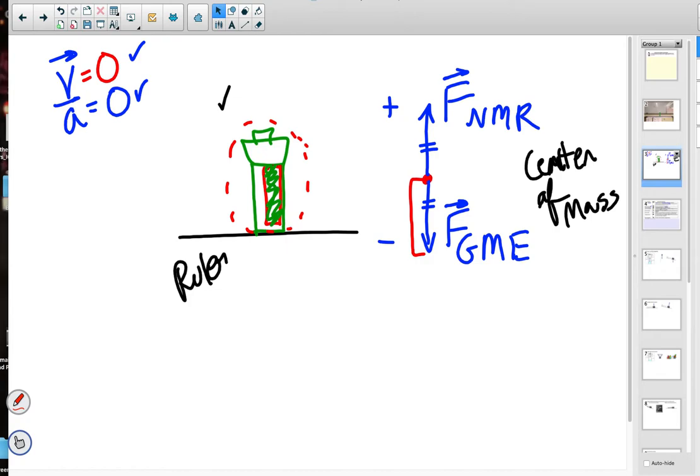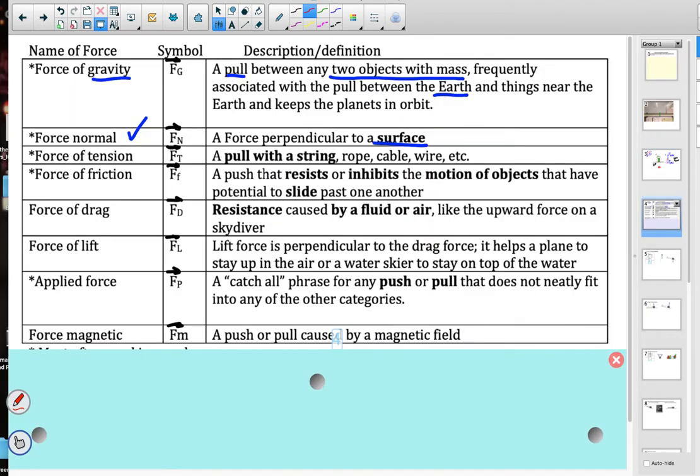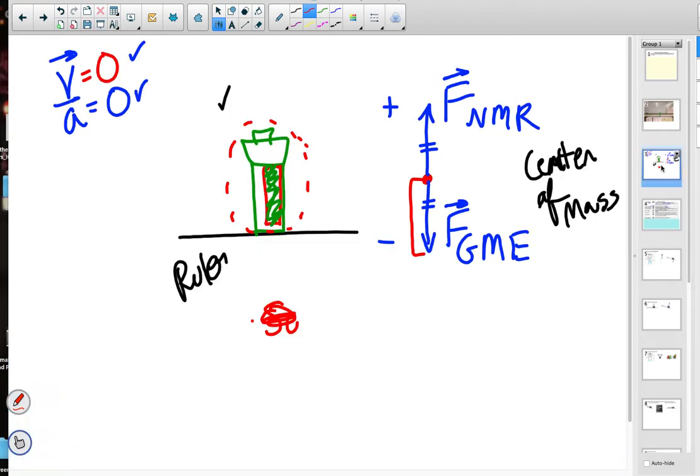If we took the sum of those forces, the sum of the forces would equal 0.